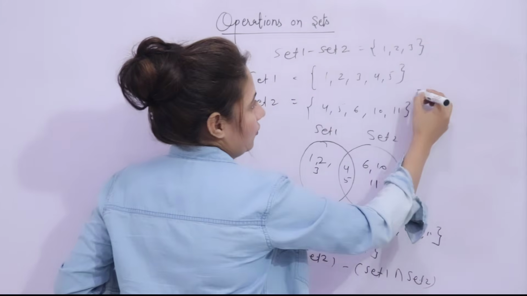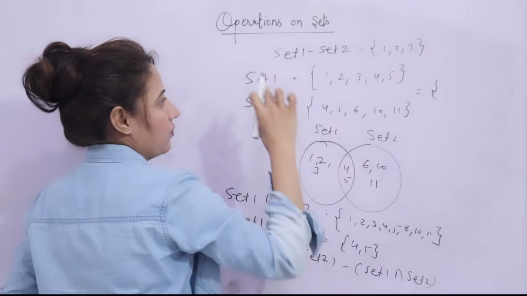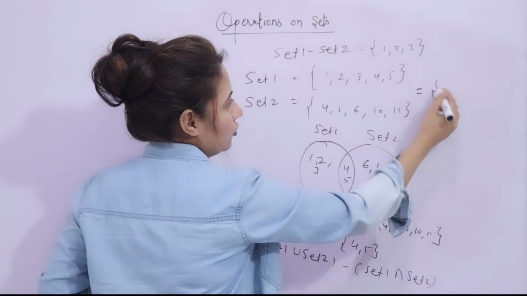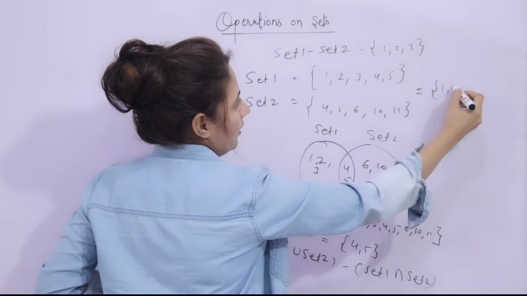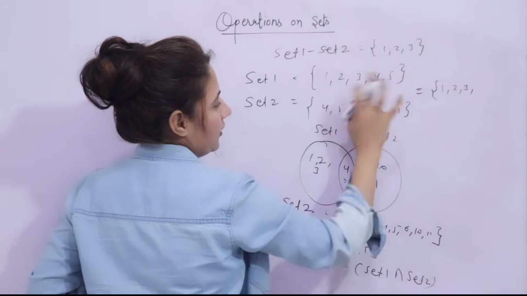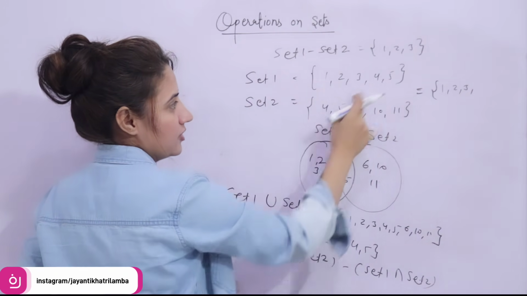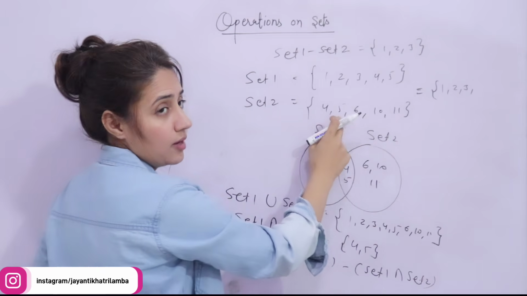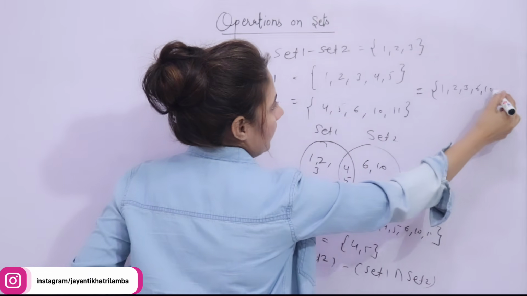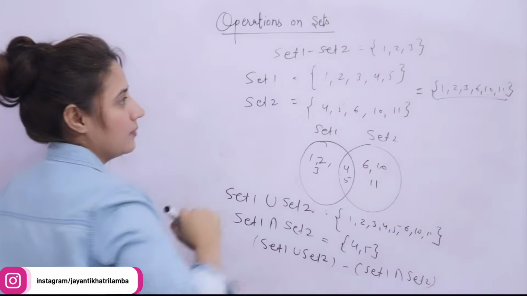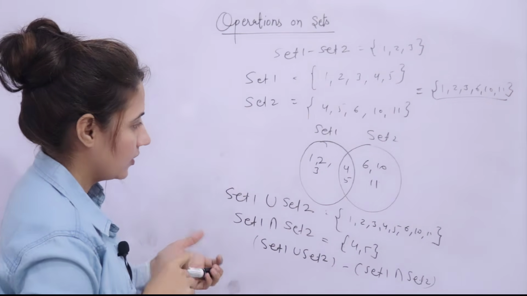So if you want to find out symmetric difference of set 1 and set 2, then what set you will get here? 1, 2, 3, 4 and 5. No, 4 and 5 is intersection. These elements are present in both, so it will not include 4 and 5. 6, 10, 11. This would be symmetric difference of set 1 and set 2, right?